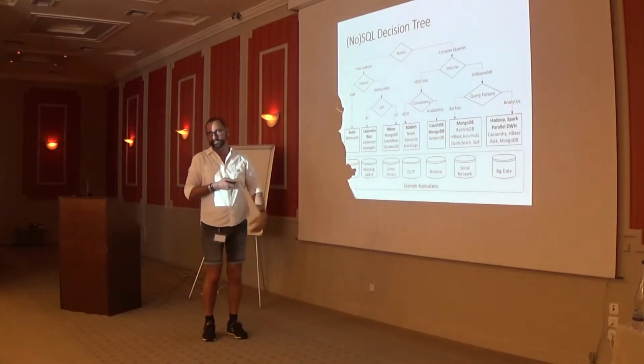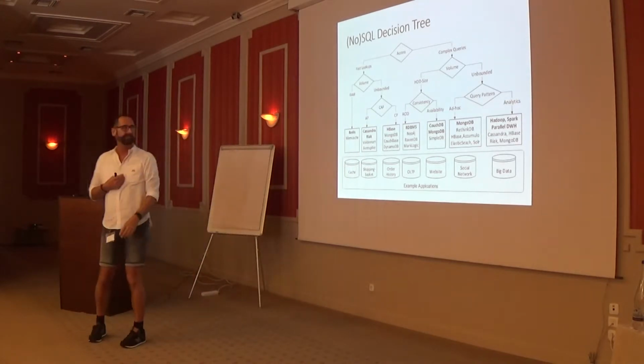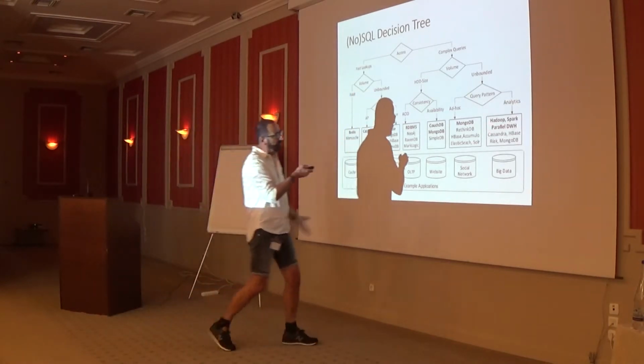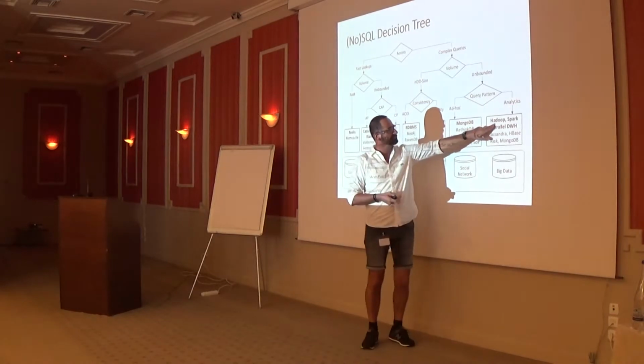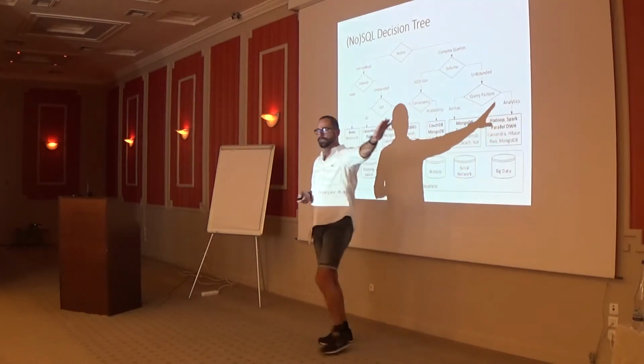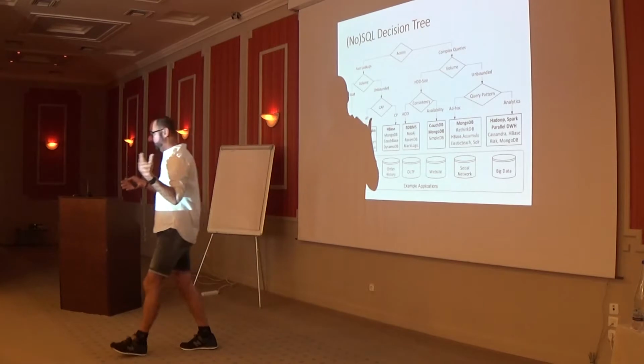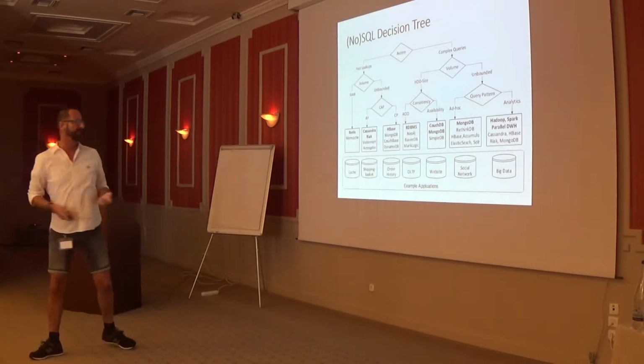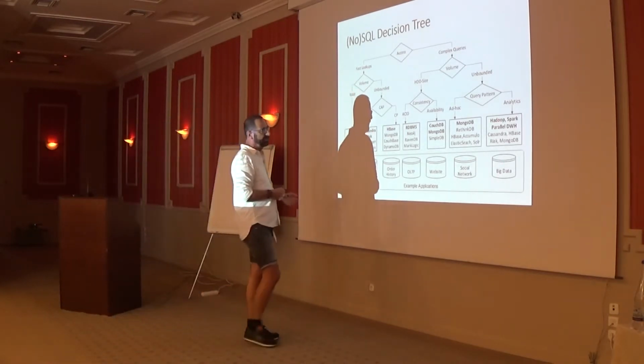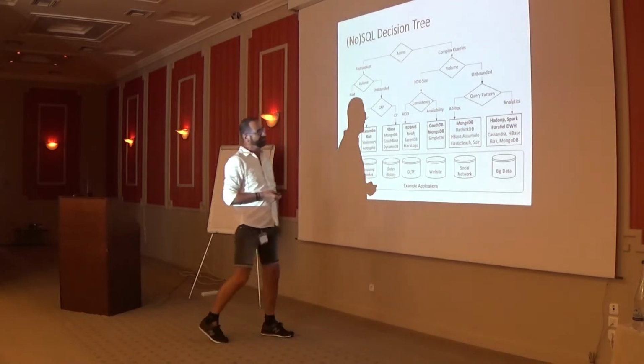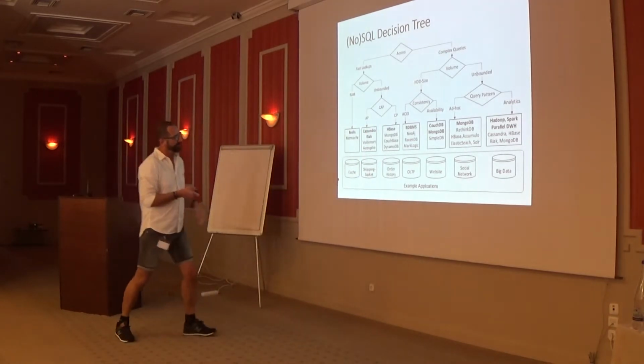So for example, if you need to do analytics, and Christoph was also mentioning, you can use some big data processing framework infrastructure to do that, like Hadoop or Spark. I will come to Flink later on.